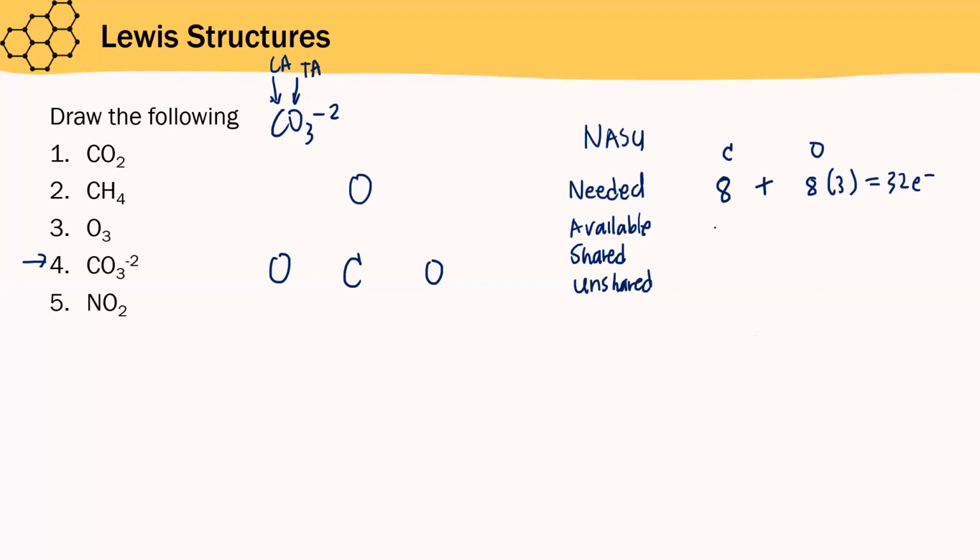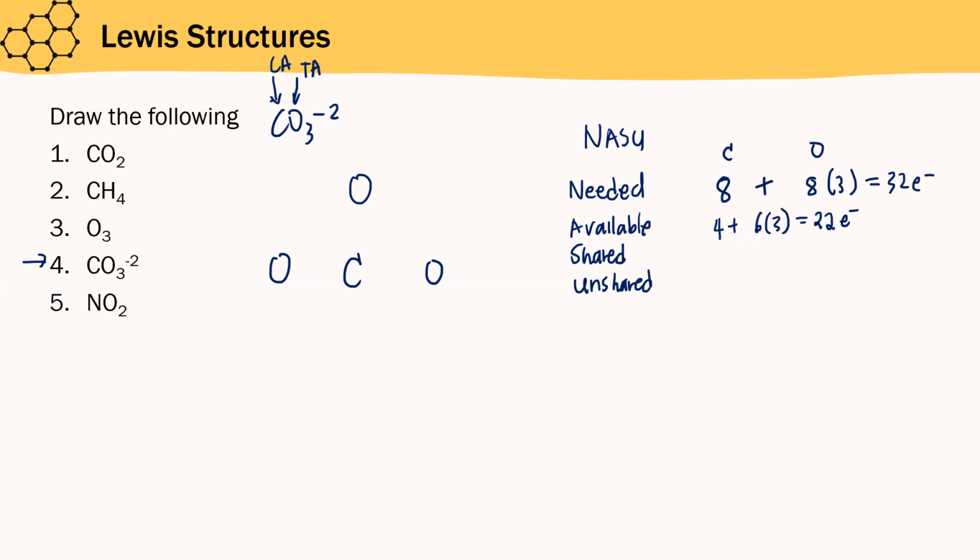So carbon is in group 4. So 4. Oxygen, anong group si oxygen? Group 6 times 3. So 6, 12, 18 plus 4, 22 electrons lang. Now, ganito. You see that the molecule has a charge.